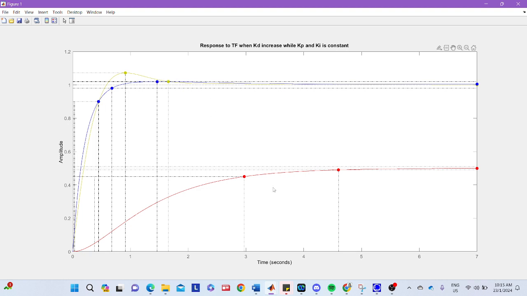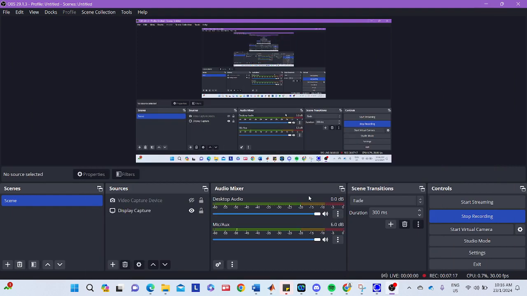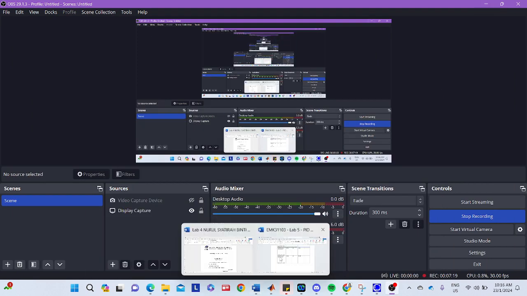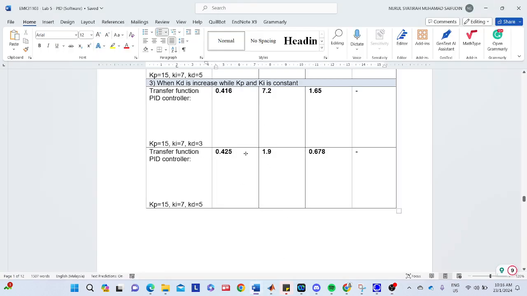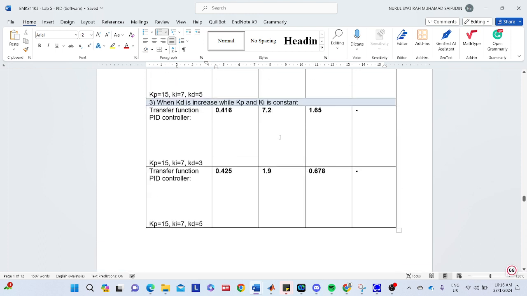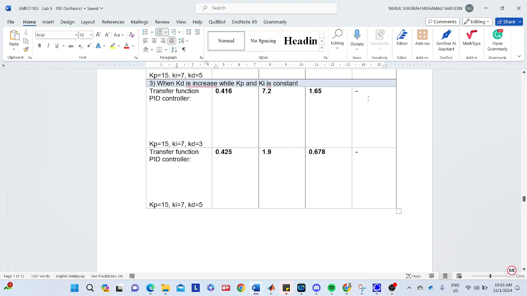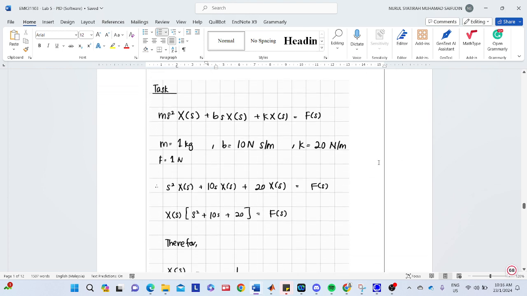So here is the example for condition 3. I put the values in the tables. As we can see, there is no error.